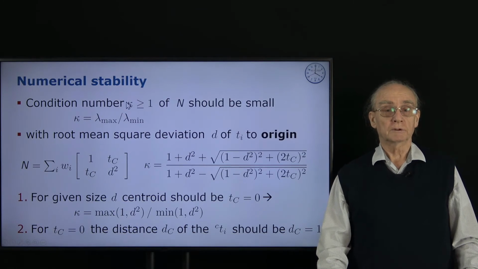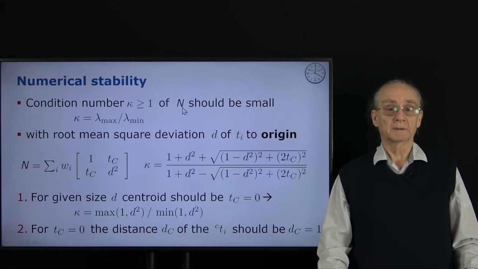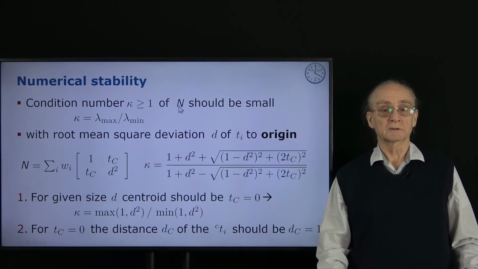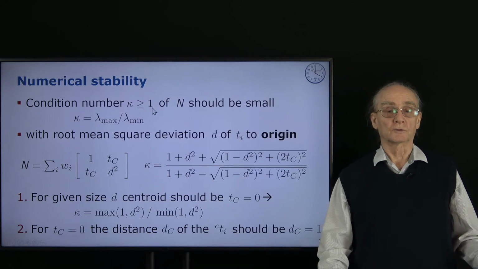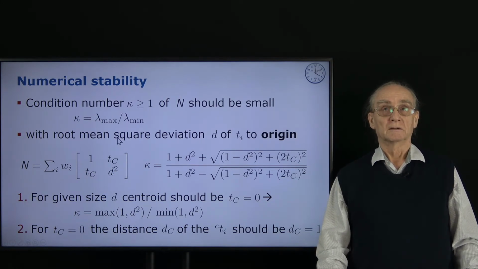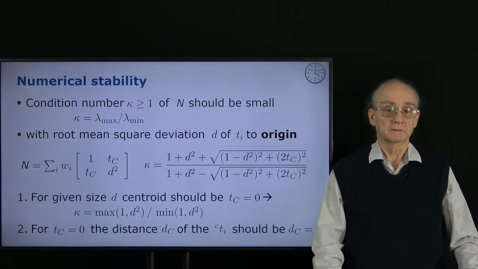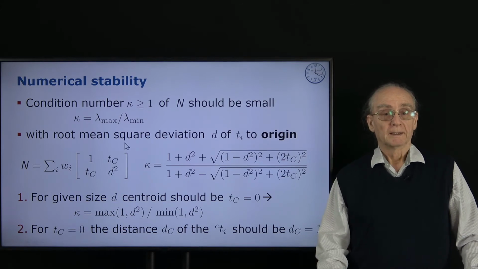The condition number of a square matrix is the ratio of the maximum eigenvalue divided by the minimum eigenvalue. So if the maximum and minimum are the same, we have the condition number 1. This is the best value which we could get, for instance, for the unit matrix. Now in this specific case, it's easy to calculate the two eigenvalues because for a 2 by 2 matrix, the calculation leads to a quadratic equation, and we can give these zeros very simply.